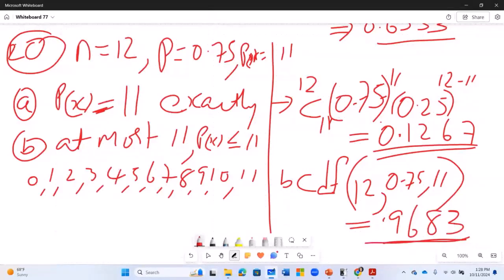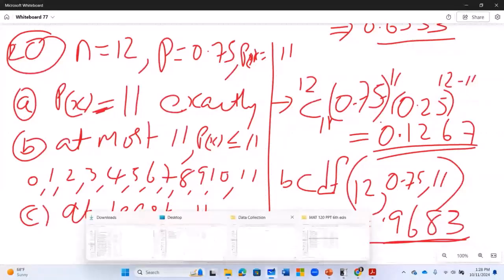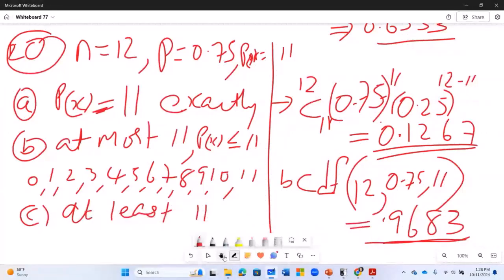Okay. Now I'm going to ask another question. What if the question says calculate the probability of at least 11? If it's an at least 11, you want to make sure that you are using the complement rule.